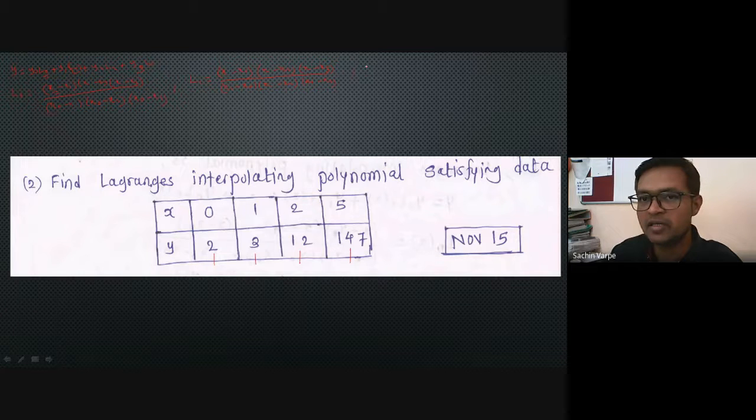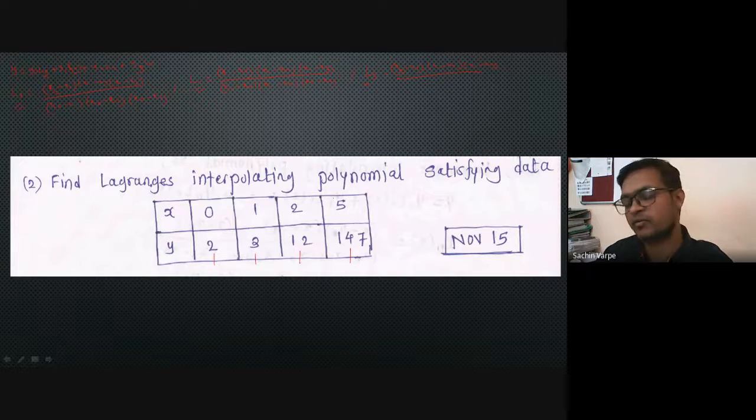Similarly, L3 will be x minus x0, x minus x1, and x minus x2. x minus x3 will not be there, remember, upon x replaced by x3. In this way you will get these Lagrange's polynomials L0, L1, L2. You just substitute into the Lagrange interpolation, and you will get the required interpolating polynomial.